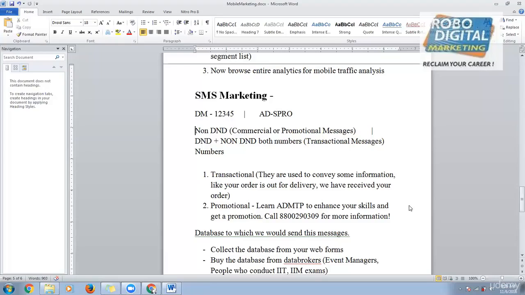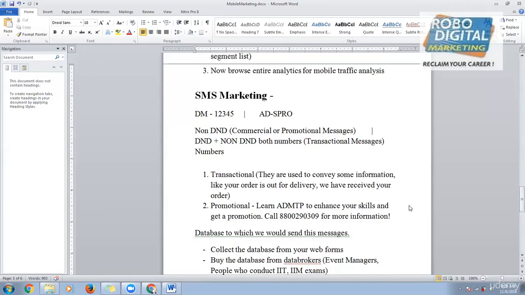What are transactional messages, first of all? Transactional messages are basically conveyors of information or notifications. Like you order something, you get a message that your order has been placed, the product is out for delivery.